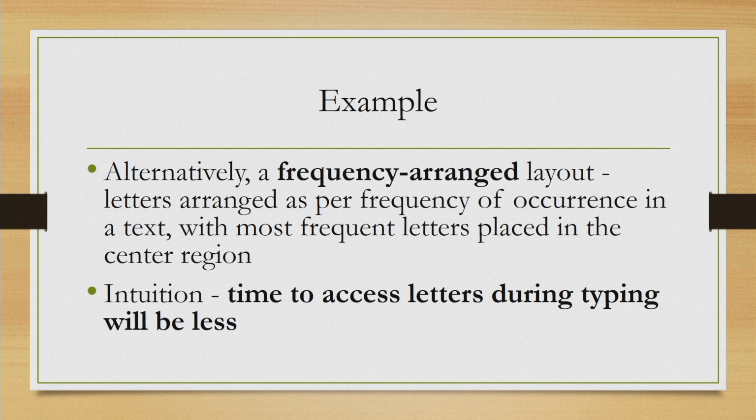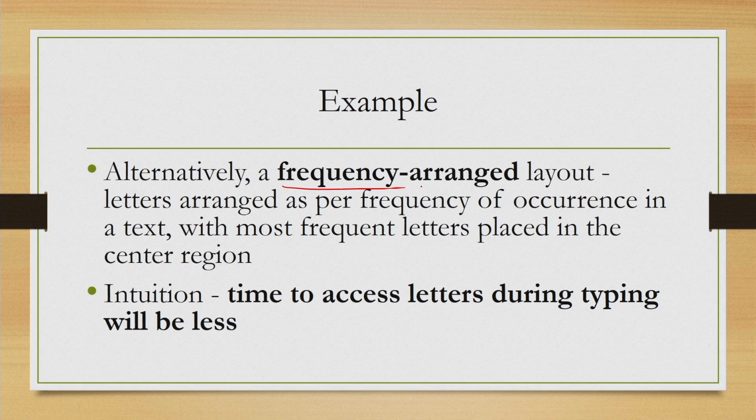Now, let us think of an alternative design, that is a frequency arranged layout. What does this layout mean? It means that we find out the frequency of occurrence of each letter in text. Based on these frequencies, we arrange them on the layout.